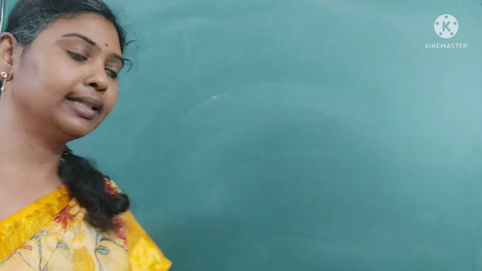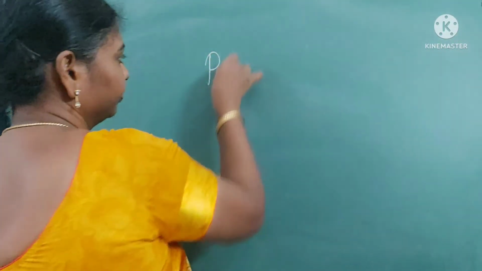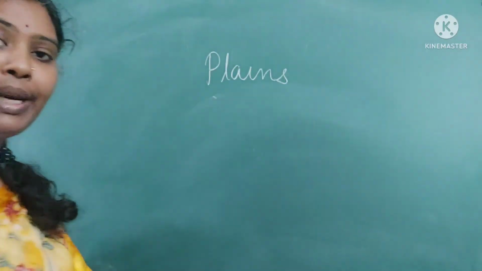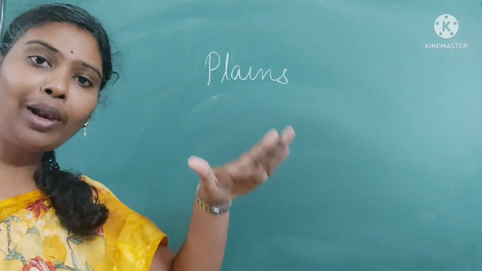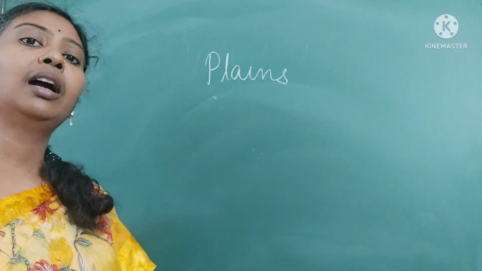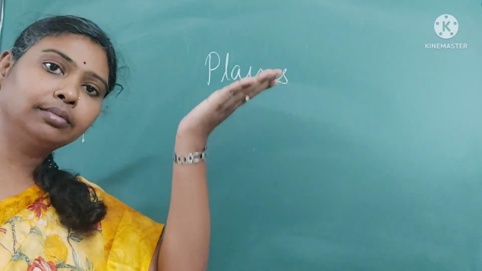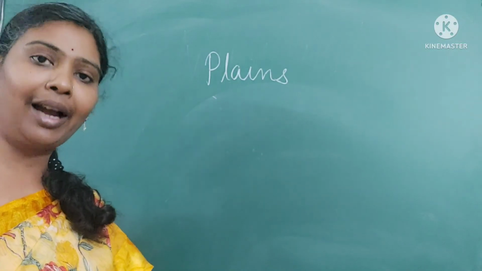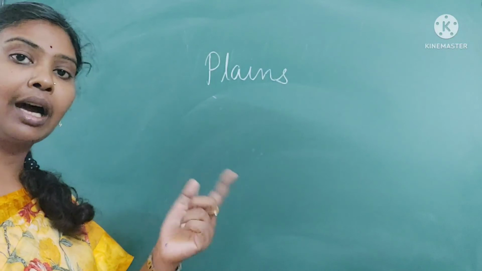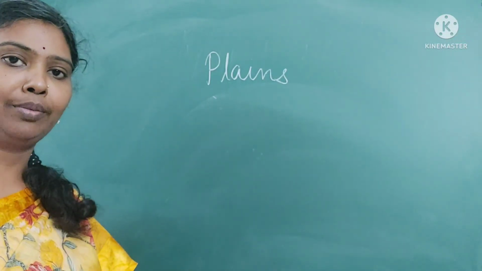And the next major landform that we are going to see is the plains. Just like we have seen, plateaus are high-lying landforms with a flat top, but plains are low-lying landforms.